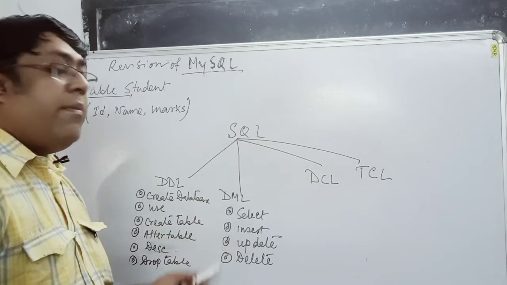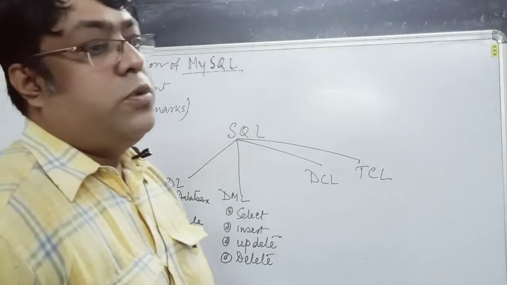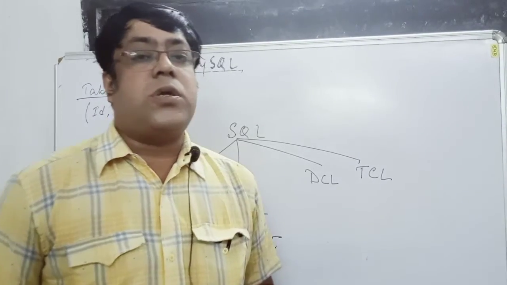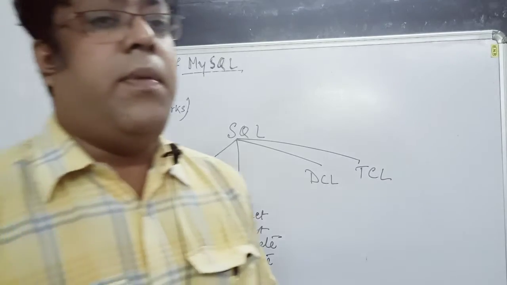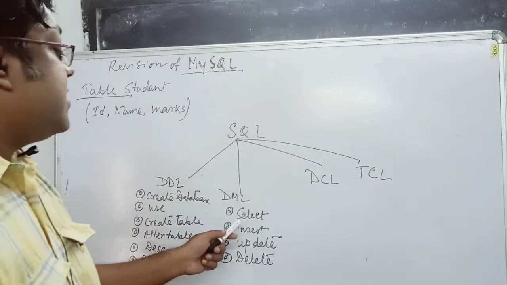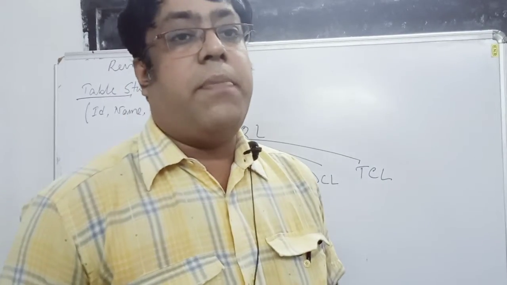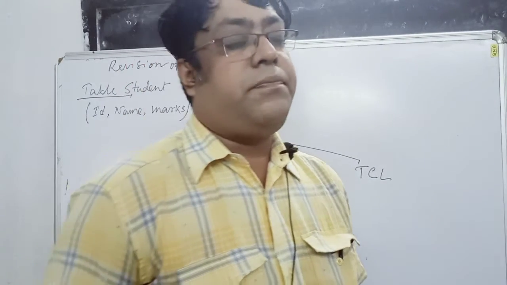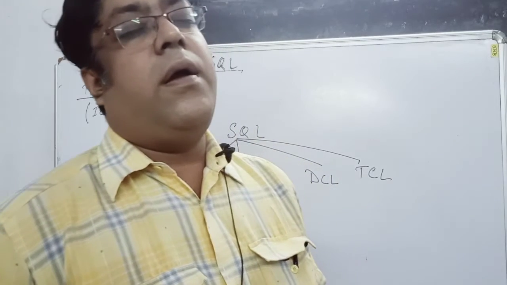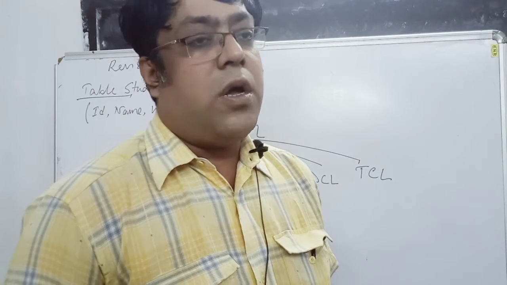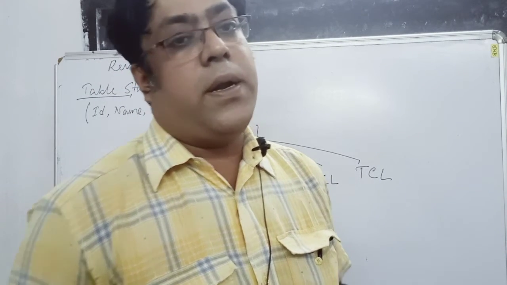Then DML commands are used to manipulate the records or data in our table. First one is select. The select command is used to select a single record or more than one record from a particular table.